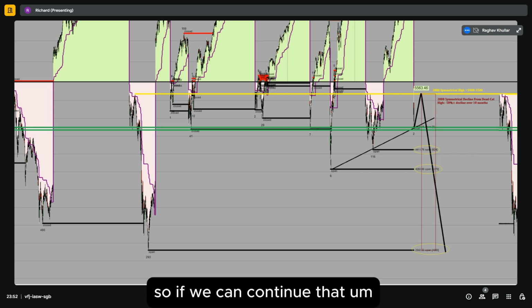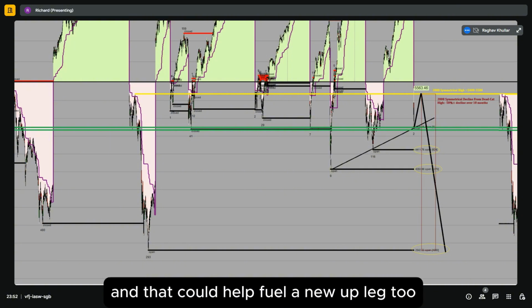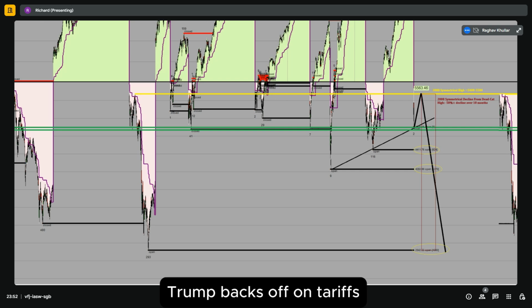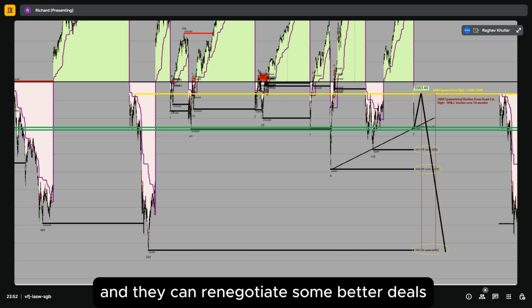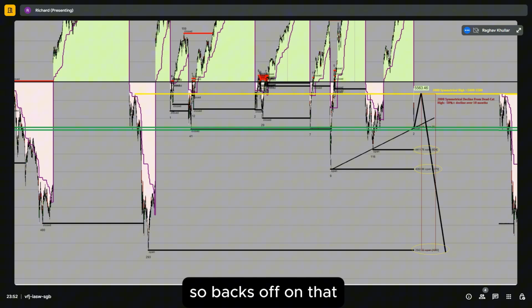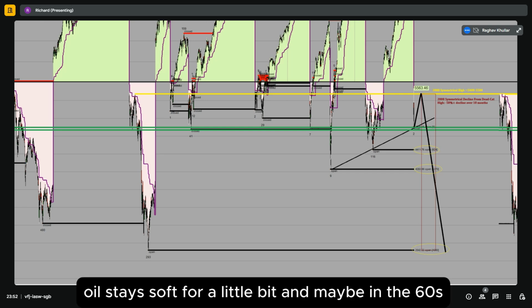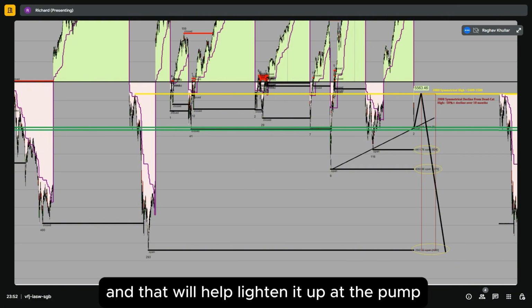So if we can continue that, that'll really help the economy, and that could help fuel a new up leg too. Trump backs off on tariffs, and maybe this threat will actually help, and they can renegotiate some better deals. Oil stays soft for a little bit, maybe in the 60s, and that will help lighten it up at the pump.